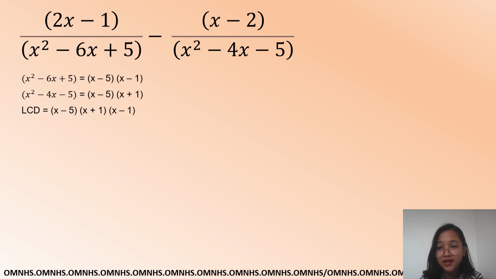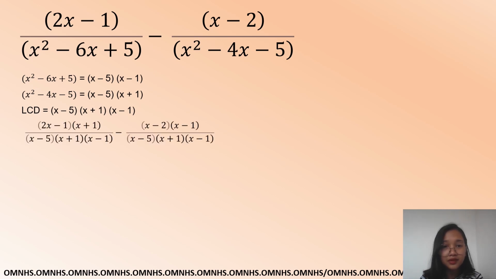Okay, after finding the LCD, we have to divide the LCD by each expression. So we can now have this 2x minus 1 times x plus 1 all over x minus 5 times x plus 1 times x minus 1 minus, for the second expression, we have x minus 2 times x minus 1 all over x minus 5 times x plus 1 times x minus 1.